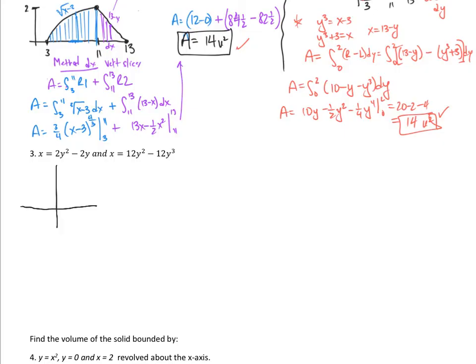Okay, I didn't quite draw it. Let's try to redraw it a little bit better. It's going to come out and come through like this. Let's try that one more time. We'll come out, come through. There we go. That's a little bit better, not much.